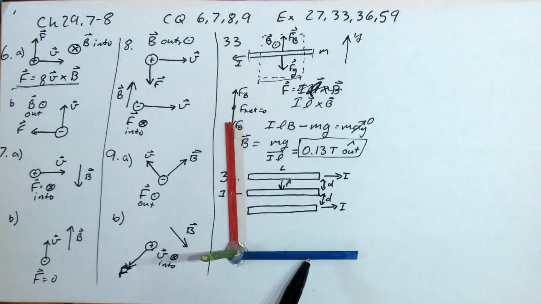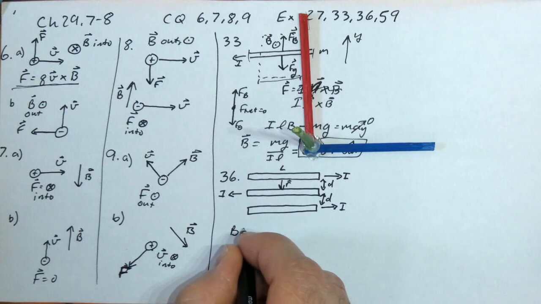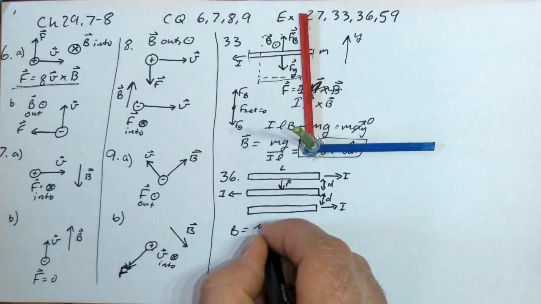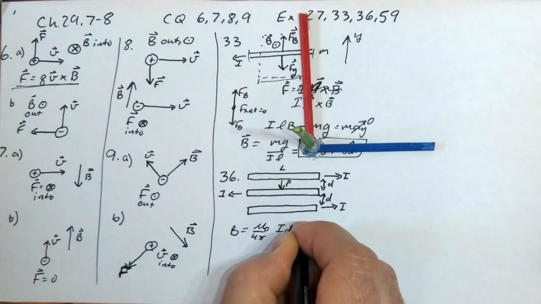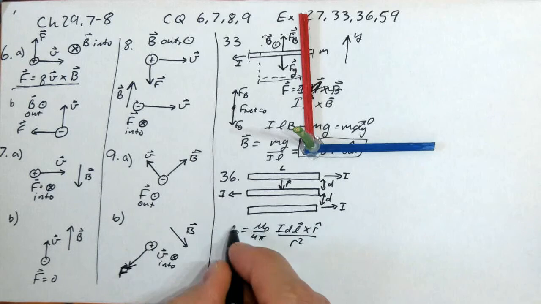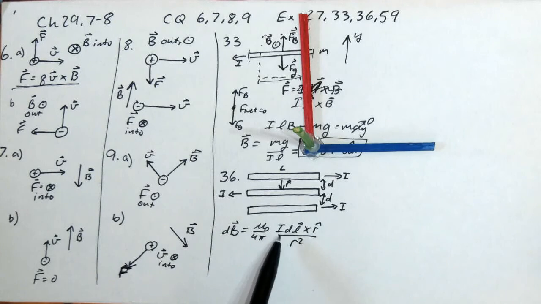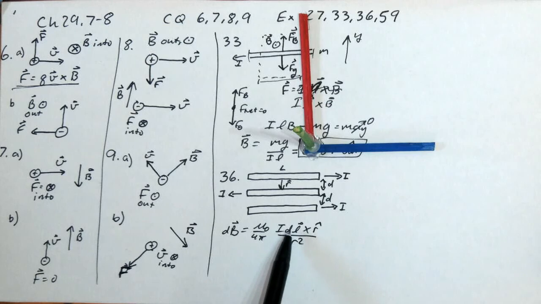Now I can't keep blue to be magnetic field in this case because the magnetic field is the result of our equation for magnetic field. B equals mu naught over 4 pi, I dl cross R hat over R squared. Okay. B is now the result of I dL cross R hat.